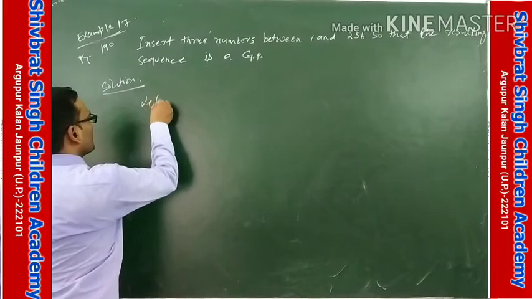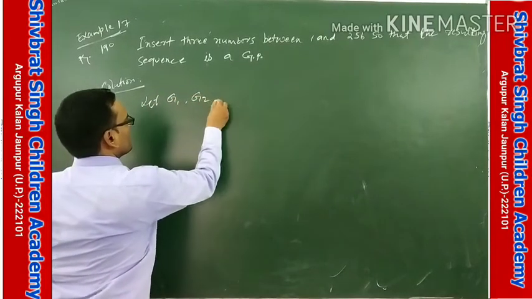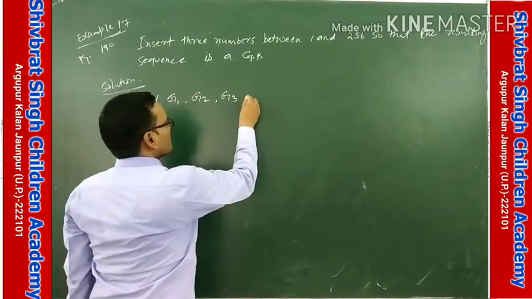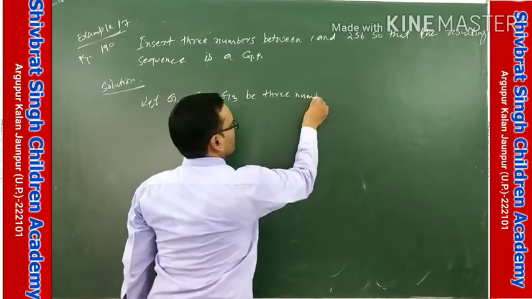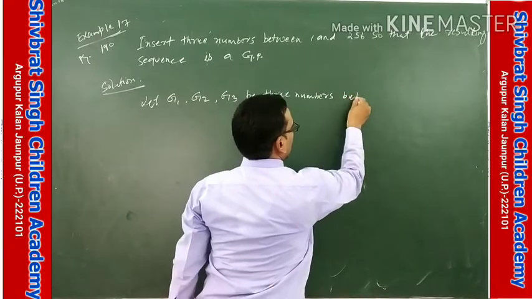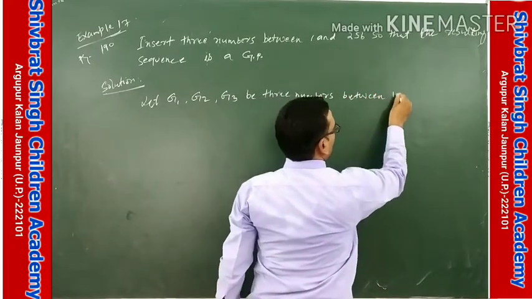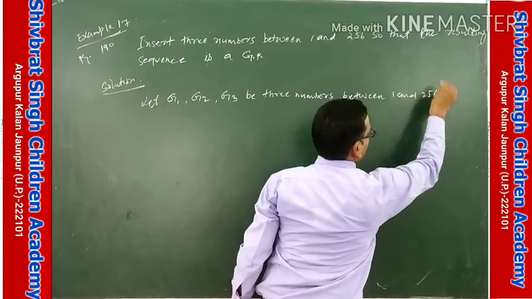Let G1, G2, G3 be three numbers between 1 and 256.